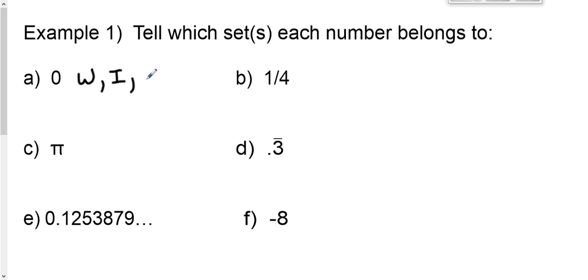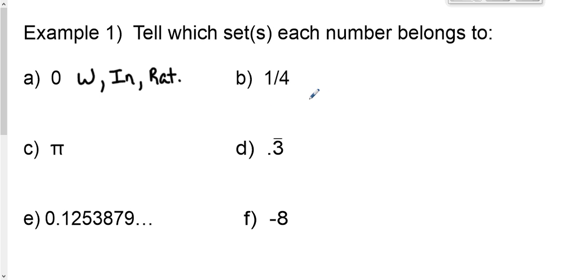And then it's also a rational number. I'm going to put not just an R because you might think that that stands for real, and let me also put IN for integer because that could also mean irrational. So integer and rational.